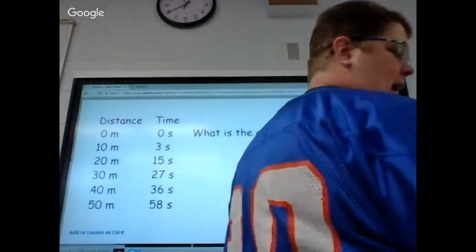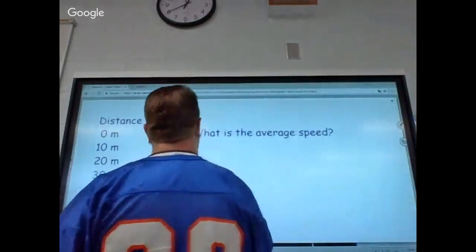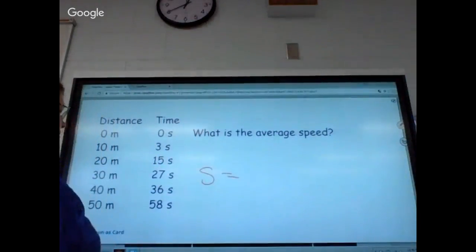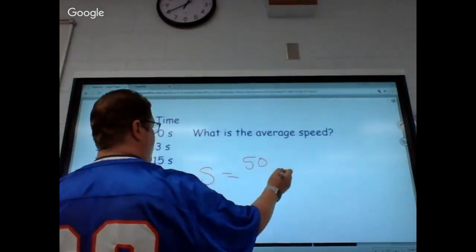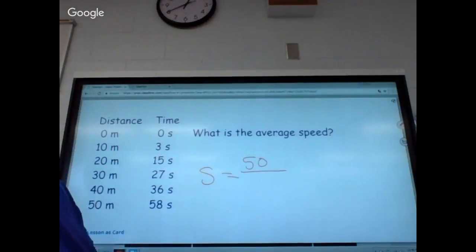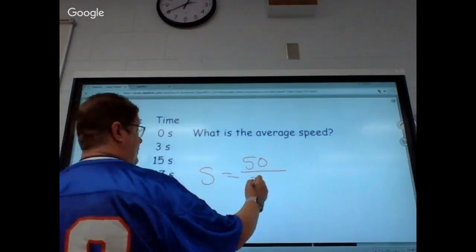So when we want to find average speed, where do we go in the table to find total distance traveled? The bottom. So 50 meters over, what's the total time? 58.